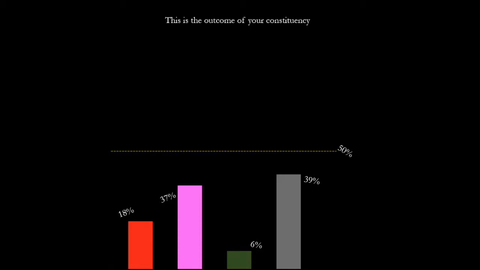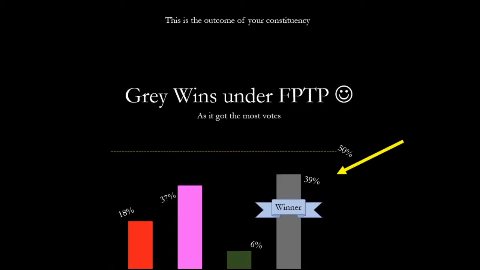Parties are represented here in the vote, but Grey, despite only having 39% of the people's vote in that constituency, wins the constituency. As we said, even a small majority is still a majority, and it has a majority of 2% over pink. 2% more people voted for Grey than for pink.